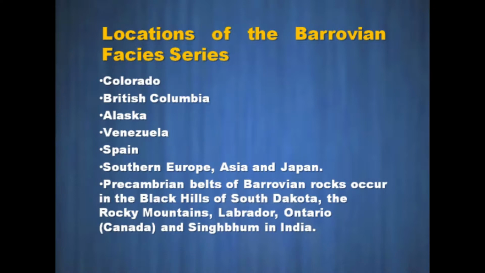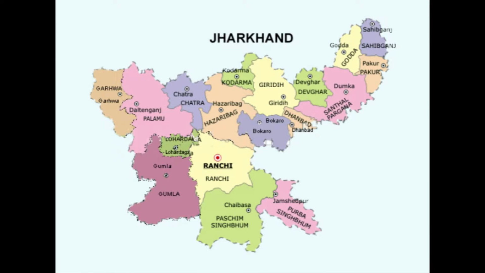Precambrian belts of Barrovian rocks occur in the Black Hills of South Dakota, the Rocky Mountains, Labrador, Ontario, Canada and Singhbhum in India. The Paleozoic orogenic belts are clearly associated with convergent plate margins. Both Barrovian and Buchan facies series developed at such margins.